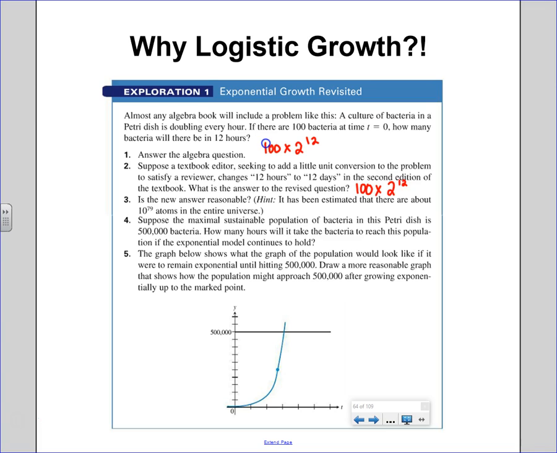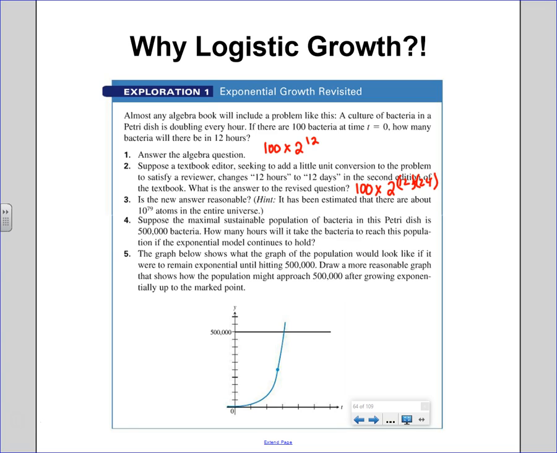No, 12 times 24, because I have 24 hours in each day. So 2 to the 24. Write that out with the units: 12 days and every day is 24 hours, so 12 times 24. No big deal, right?